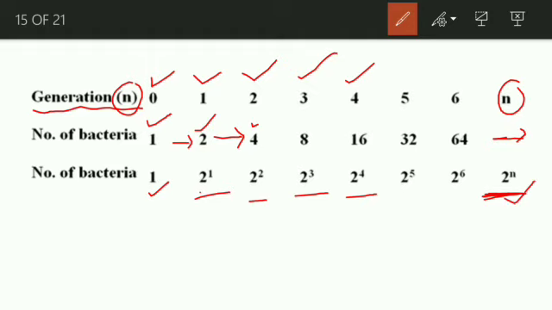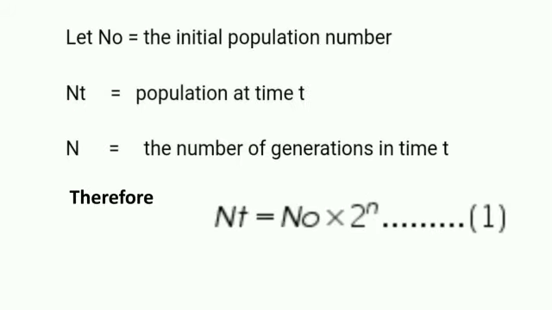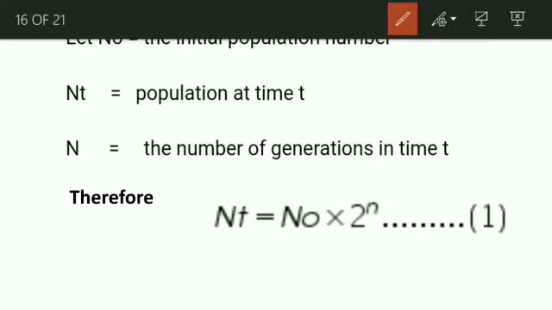By observing this n and 2 to the power n, we could formulate this. This is the formulation: Nt is equal to N naught into 2 to the power n. Nt is equal to N naught into 2 to the power n.